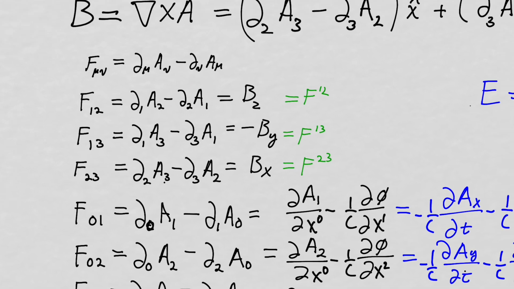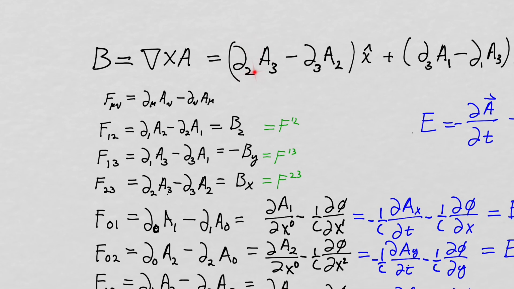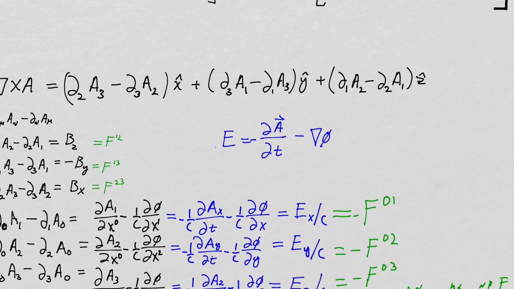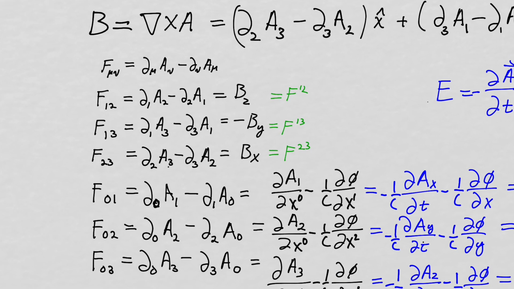I'm trying to find words to describe these derivatives. But regardless, clearly partial 1 component 2 minus partial 2 component 1 is this guy here, and that's the z component of the magnetic field. That is Bz, and sure enough, that's what I've got here.